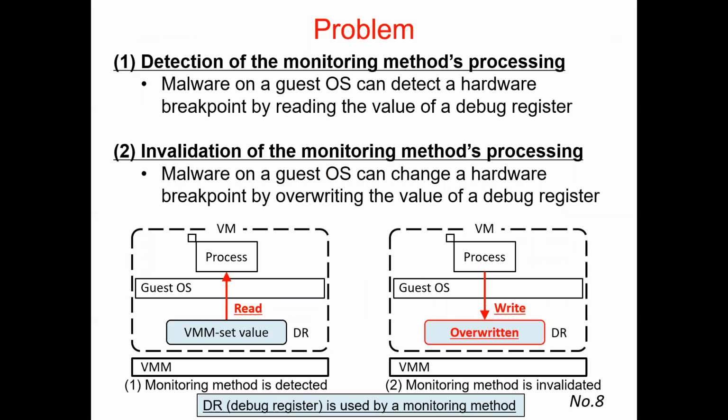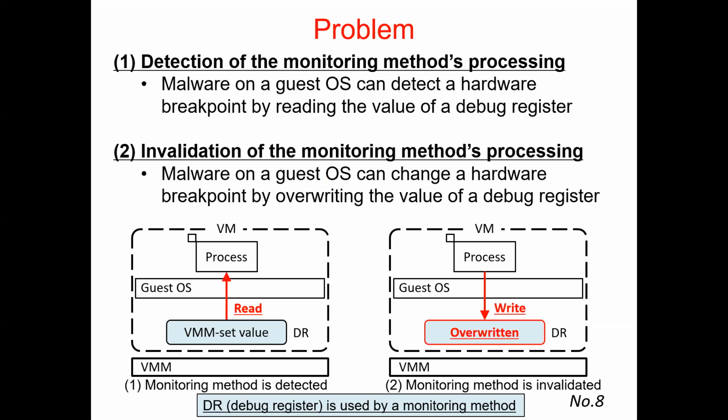The VMM-based monitoring method has these two problems. The first problem is that malware can detect the monitoring method's processing. Malware can detect a hardware breakpoint, then change its behavior to avoid analysis by the monitoring method. In that case, malware analysts cannot monitor the behavior of the malware.